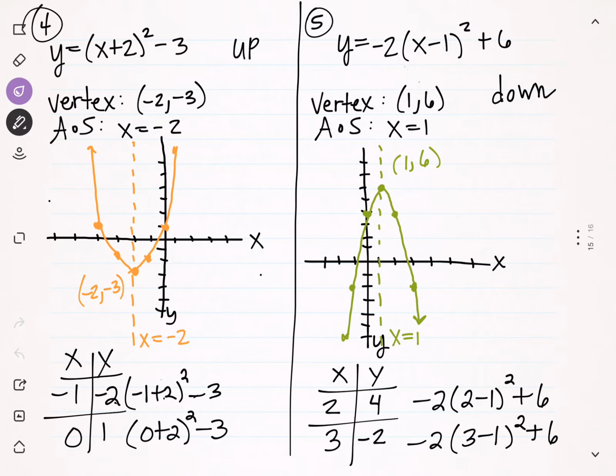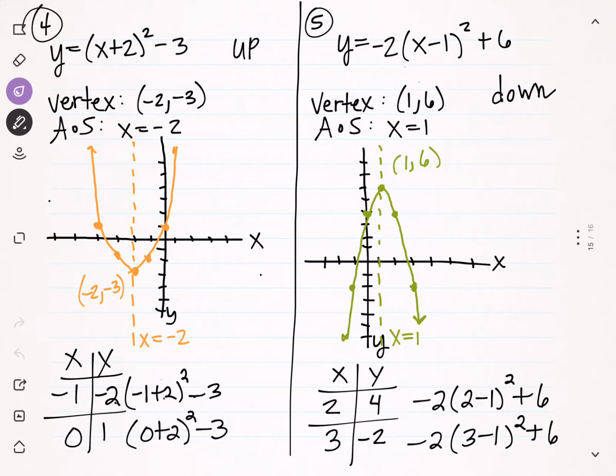Okay, so let's look at the answer for problem 4. We have a vertex at -2, -3. We can see that from the vertex form for our quadratic. The value of A is +1, so we know we're going to open up, and our axis of symmetry is -2. So I plotted my vertex at -2, -3.